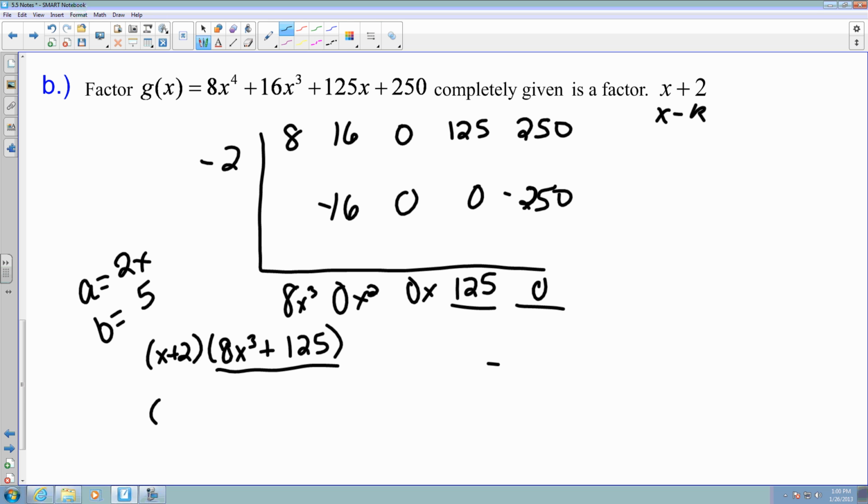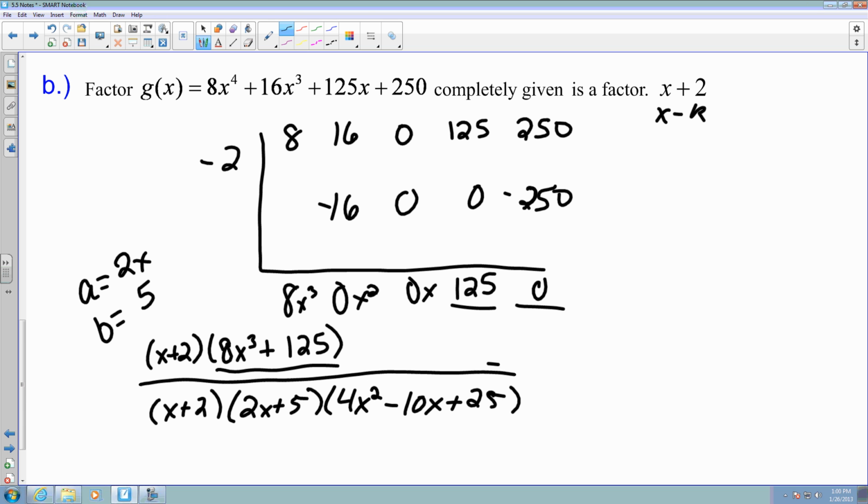So I have x plus 2, and then I can just plug this into my formula for the sum of two cubes. So this is 2x plus 5 times the quantity 4x squared minus 10x plus 25. And that is factored out completely.